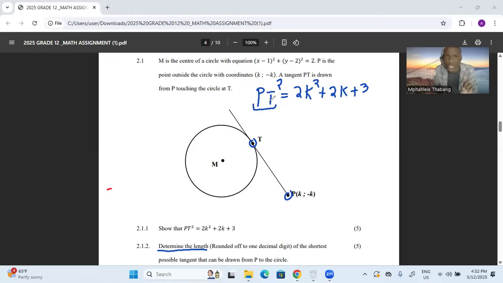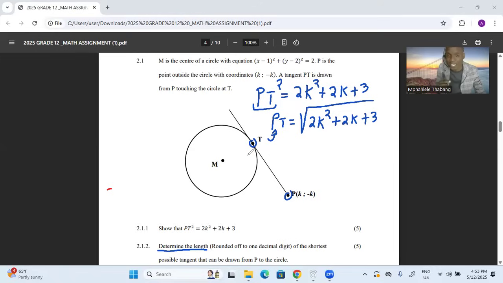Okay, first thing, let me make PT the subject of the formula. I'm going to say PT is equal to the square root of, I'm putting the square root on both sides, 2k squared plus 2k plus 3. So I want to know PT at its minimum, the shortest distance, meaning the minimum distance.